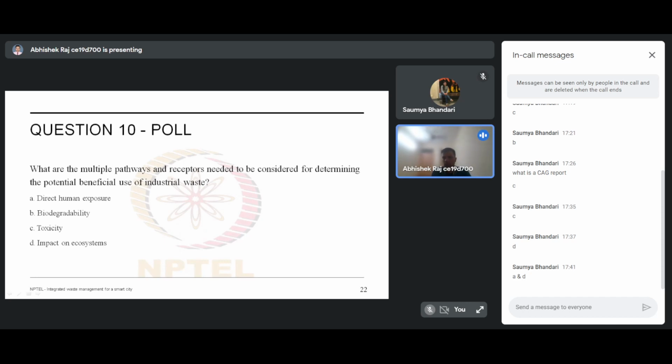You can respond for this directly in the chat. We have one response, A and D. Wait for one more minute and we will discuss the answer for this.